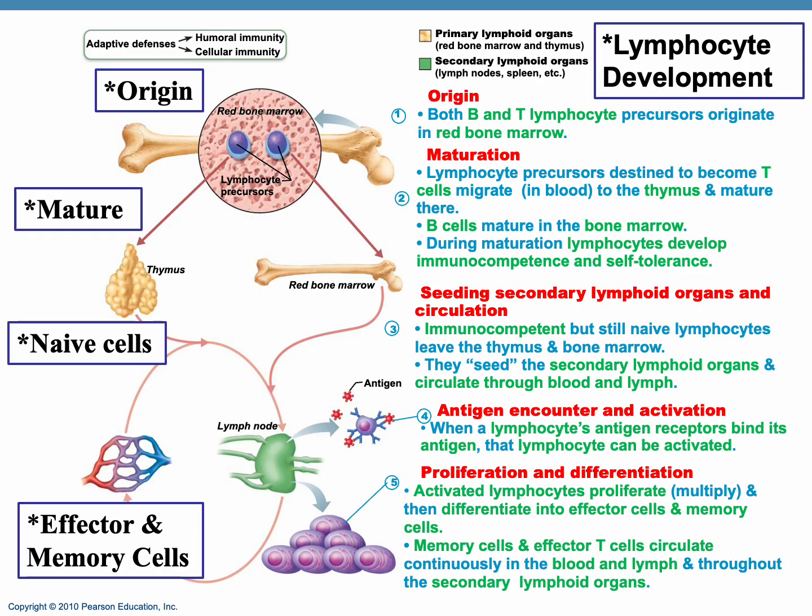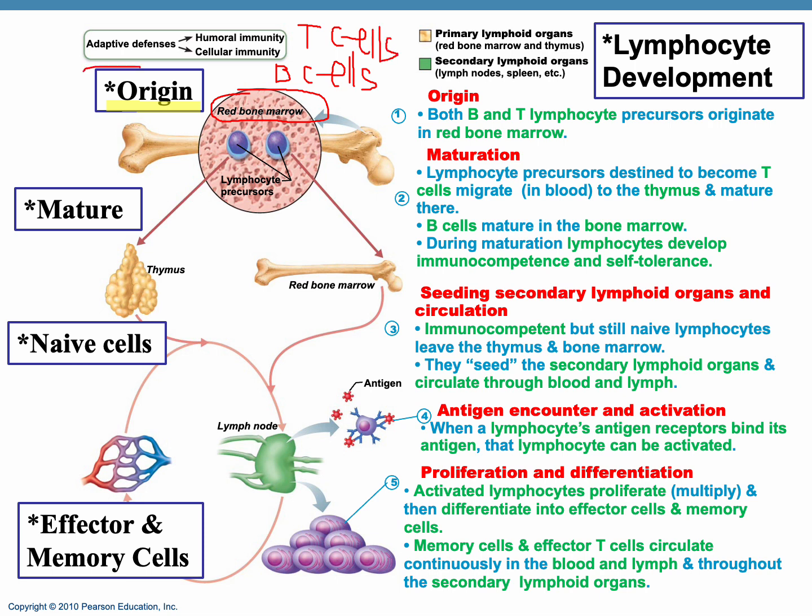Okay, here's another picture looking at overall lymphocyte development. So again, very important, the idea of the origin of these lymphocytes. The origin here, again, is going to be the red bone marrow. So again, that's going to be the case for the B cells, and likewise also the T cells.